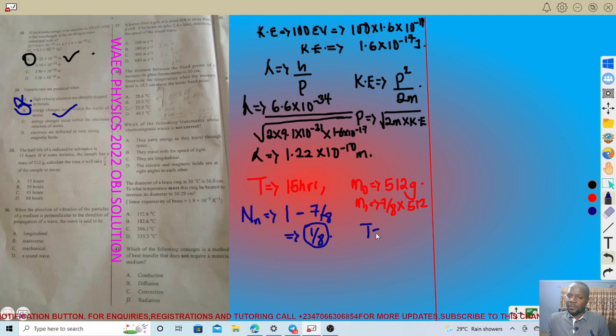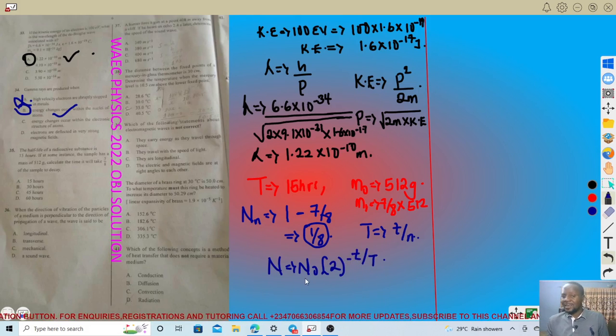So we know from knowledge that t equals T times n. We are looking for the time. T is 15. Let's get n. There are many methods you can use to get n, but I think the direct method is the relationship between N and N naught. I have it on my channel. N equals N naught open bracket 2 raised to power negative small t over capital T. Directly you can do it and get your answer.